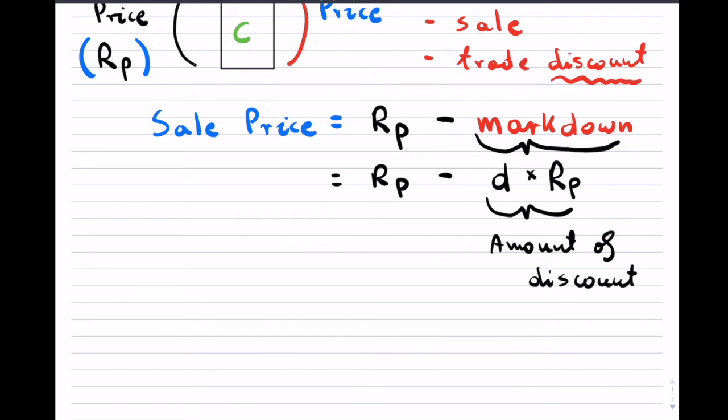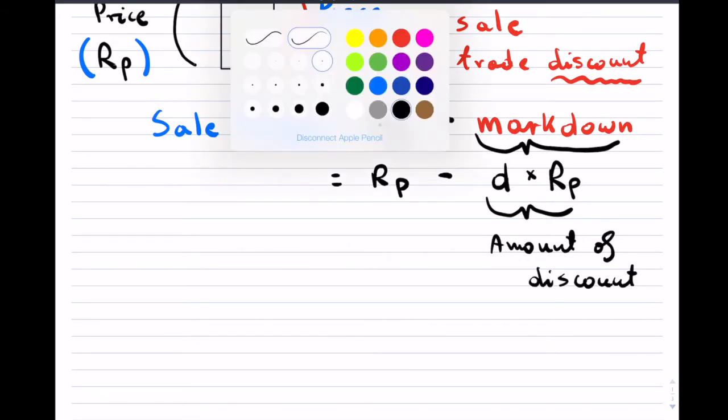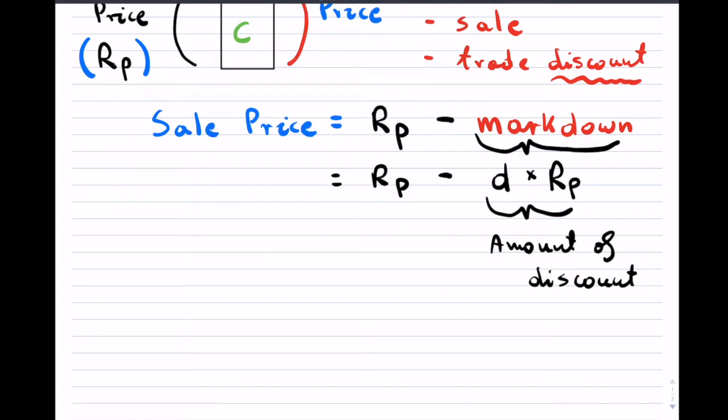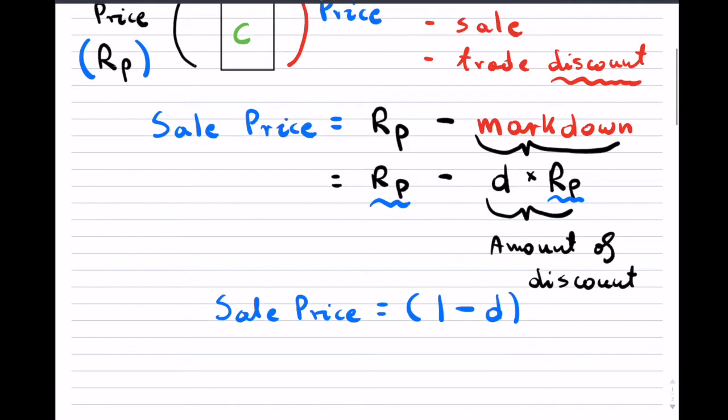And when you take a look at the math, because we have regular price here and regular price here, I'm not going to go into detail, but basically you can simplify the above formula and make your life a lot easier. The sale price is just 1 minus the discount as a decimal, multiplied by your regular selling price.